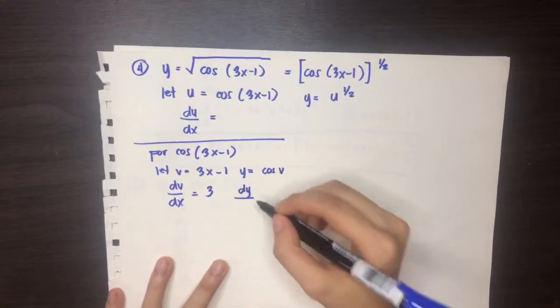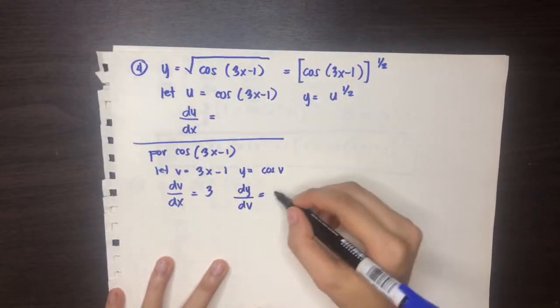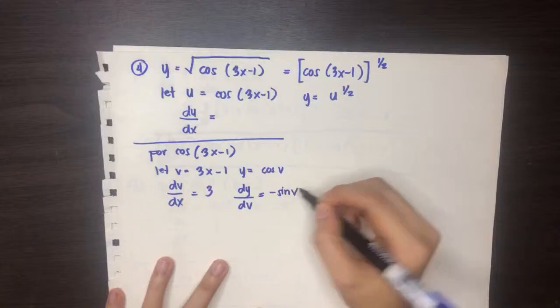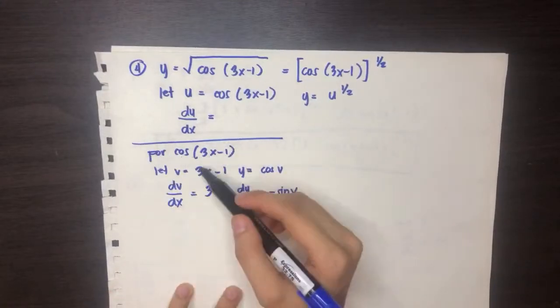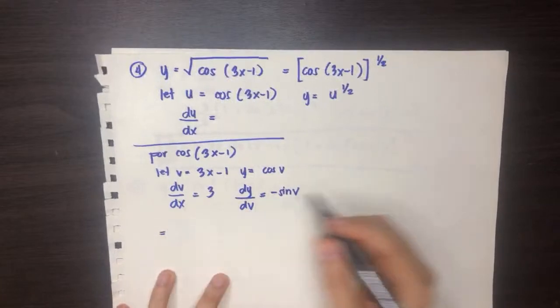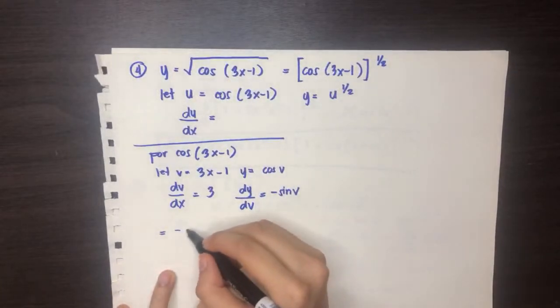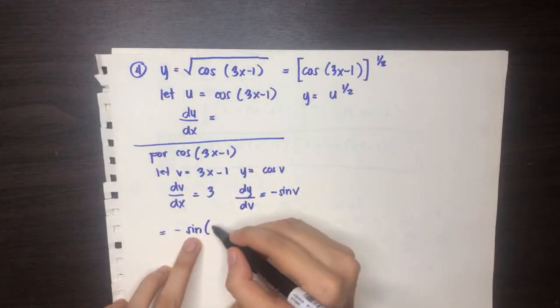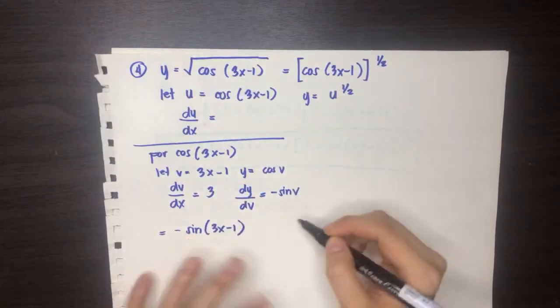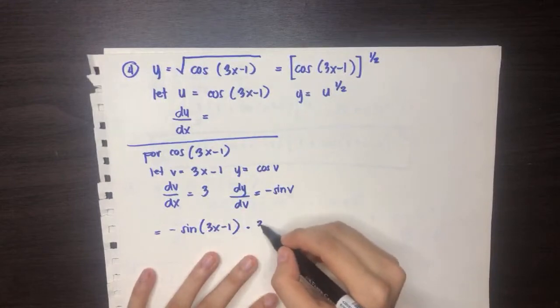And ito, we have negative sine of v. So, kapag kinuha ko na yung derivative ni cosine 3x minus 1, we have negative sine of v. V is equal to 3x minus 1 times 3.